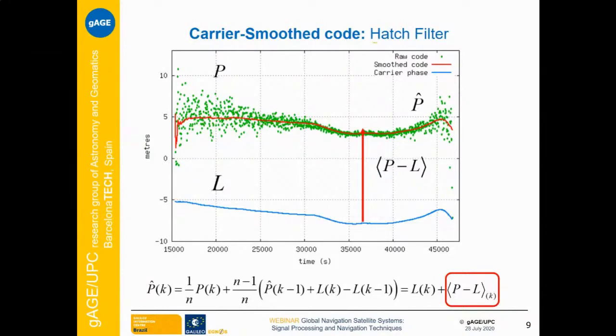This is the well-known Hatch filter that is aligning in real time by computing the difference between the code and the carrier. Here we have the formulation, which is very easy and straightforward, to have this carrier-smoothed code that we will see we can use to improve the positioning.